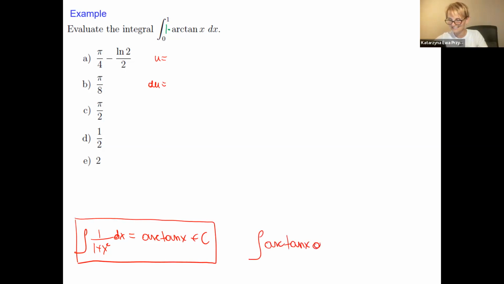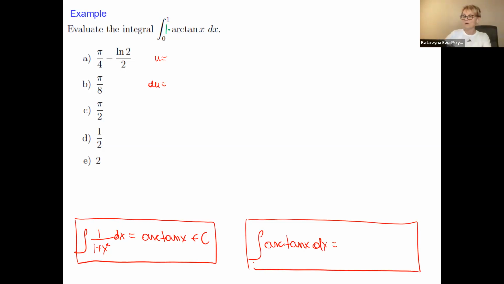Arctangent of x dx. We don't know the antiderivative. Yes, we have to find a function, question mark, that when we differentiate, we will get arctangent of x. Yeah? Okay, which is still good if we remember this one.